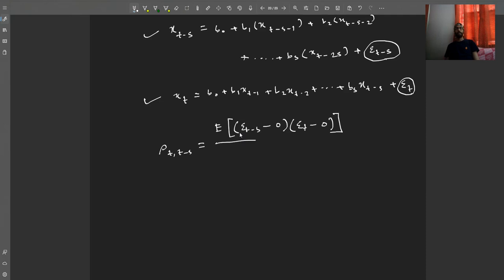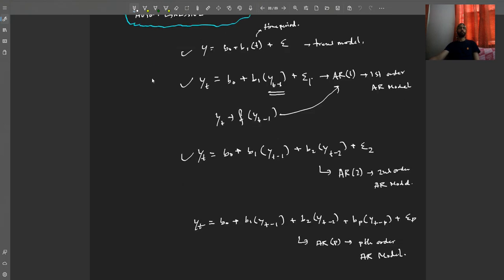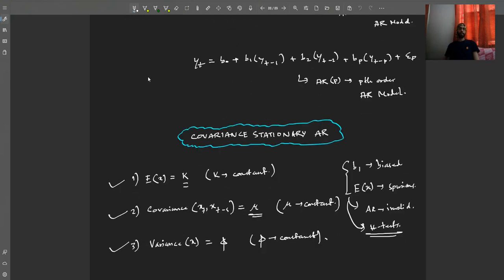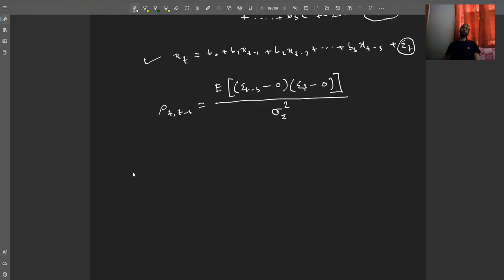This entire thing divided by the variance of the error value. Variance means standard deviation square, right? Here in place of variance we have written phi. Let me change the symbol here. It is basically sigma square. Now we are good, friends. So this is the correlation value, friends.